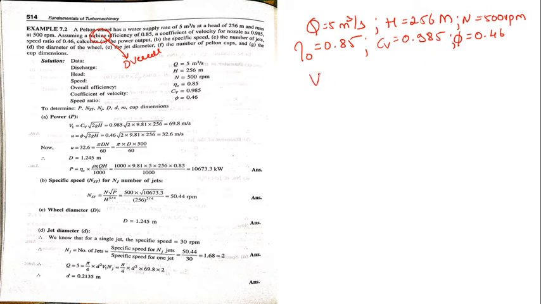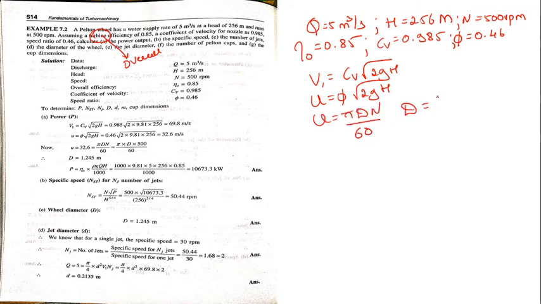Now first V1, start with the same design consideration, V1 equal to Cv root 2gH. Cv they had given, H they had given, g you know, so find it. The same way, U equal to phi root 2gH. Phi is given, H is given, find U. Now coming to U, which is also equal to pi DN by 60, so find the diameter. Now what is the overall efficiency?